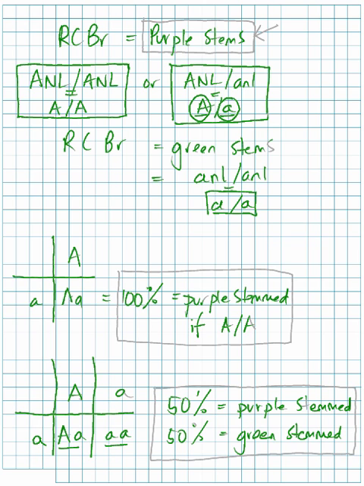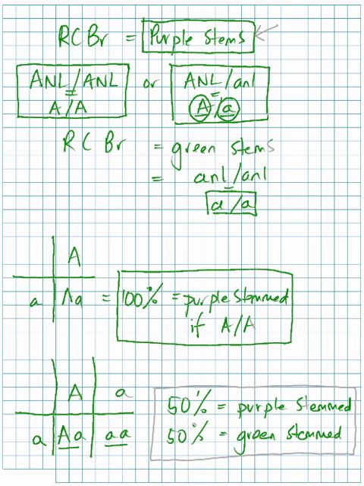So we can make two predictions. First of all, if this original parent up here that is purple stemmed has the genotype big A big A, then 100% of the offspring will also be purple stemmed.